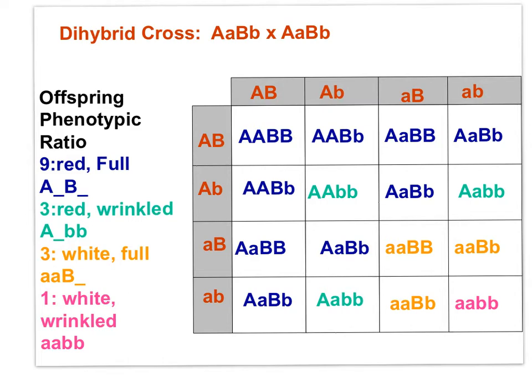Don't forget the 9-3-3-1 ratio when grappling with a dihybrid cross. It's a classic ratio because Mendel figured this out in the 1860s to produce his law of independent assortment. Now, you'll never be asked for the genotypic ratio. You will only be asked about the 9-3-3-1 phenotypic ratio for the dihybrid cross.